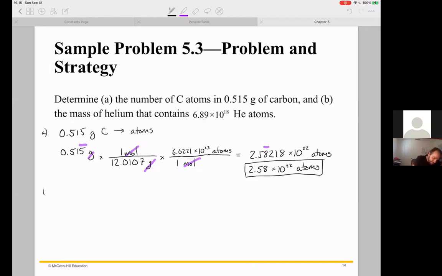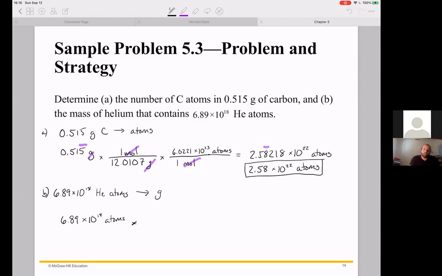Okay. And now I'm going to go the other direction. So now I'm going to go from 6.89 times 10 to the 18 He atoms to grams. Oops, it's g. So I'm going to use the same conversion factors, but I'm going to use them in the opposite way. So I'm going to start out with my 6.89 times 10 to the 18 atoms.